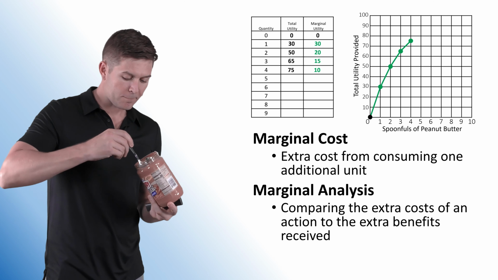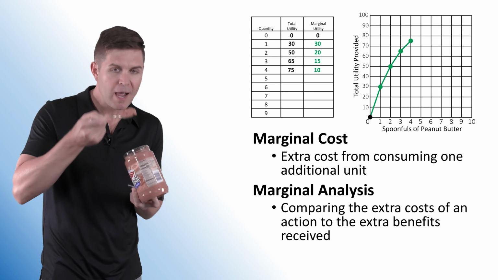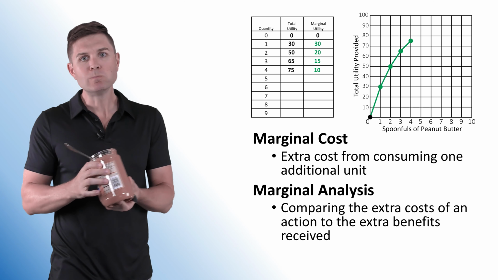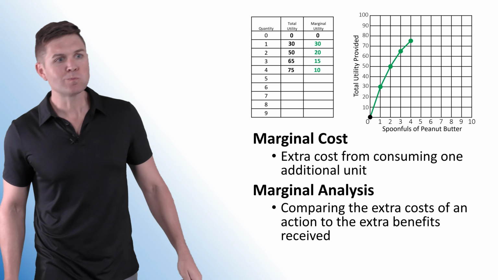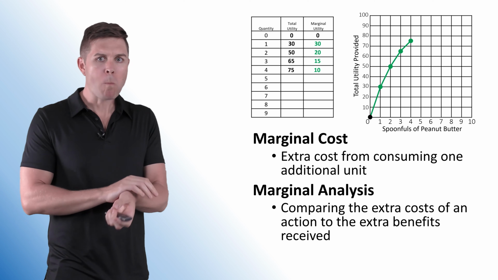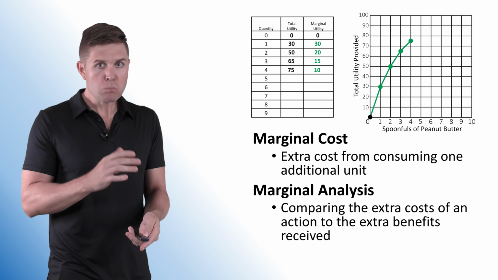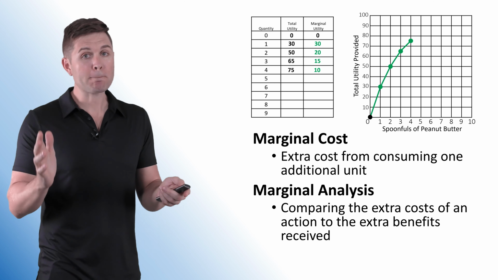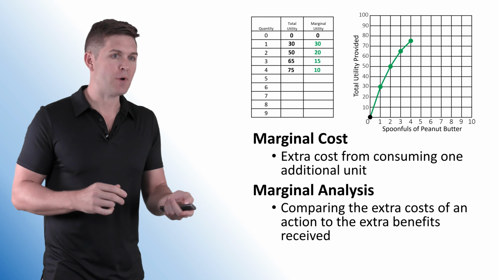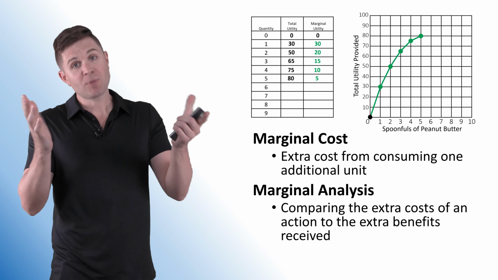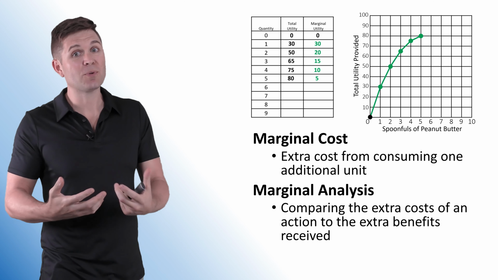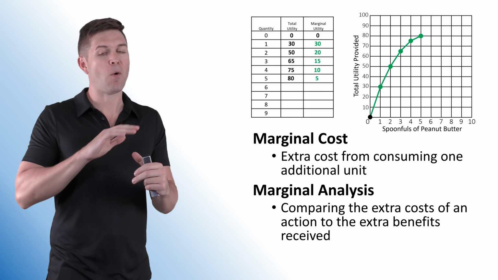Let's do another bite. All right, starting to get a little dry. Anyways, I'm going to say 5 units. It's still good. I'm still a little bit hungry, but I'm starting to get full.